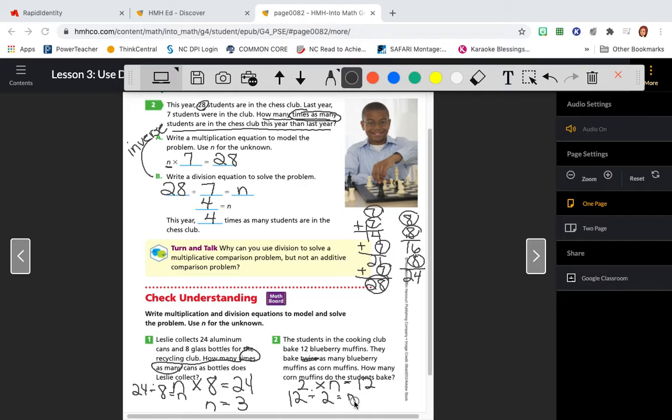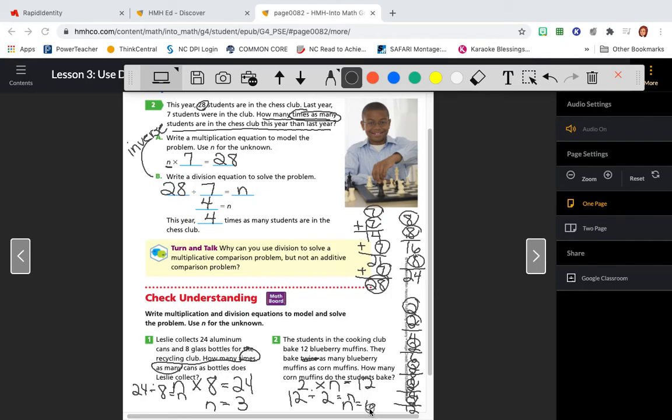And there again, you can come up with another great strategy to figure out the division, or you can simply do it like this. 2 plus 2 is 4, plus 2 more, 6, plus 2 more, 8, 2 more, 10, 2 more, 12. How many 2s did I use? 1, 2, 3, 4, 5, 6. So our unknown is 6 corn muffins.